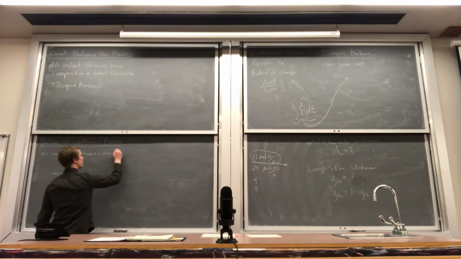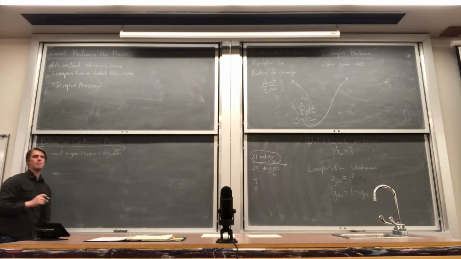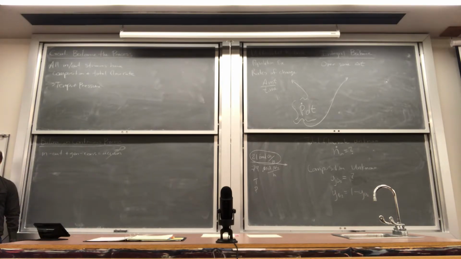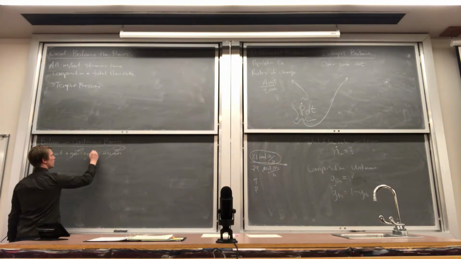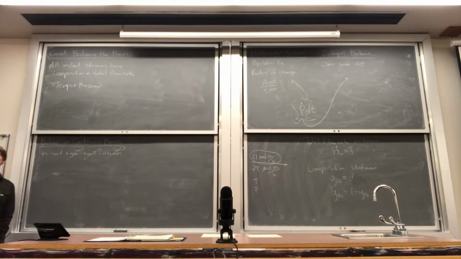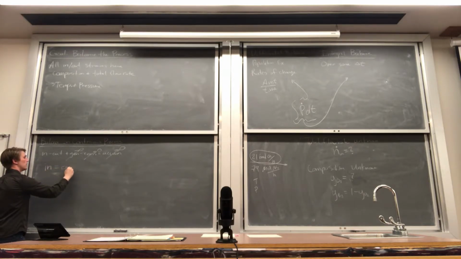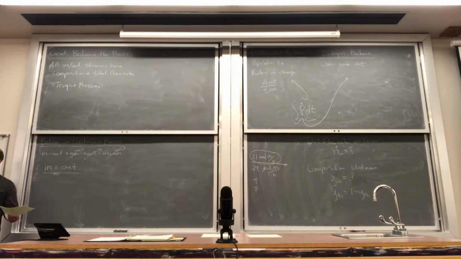Accumulation, that goes away. Okay, now this is a mass balance we're going to perform. What else goes to zero? Generation goes to zero, and consumption goes to zero. So a continuous, open, steady state process has this balance. In is equal to out.